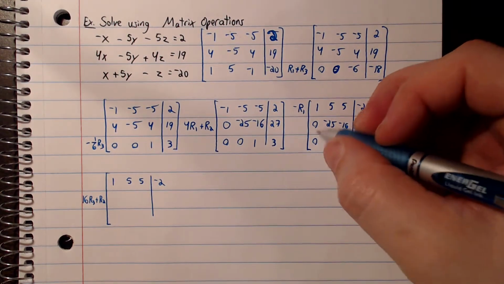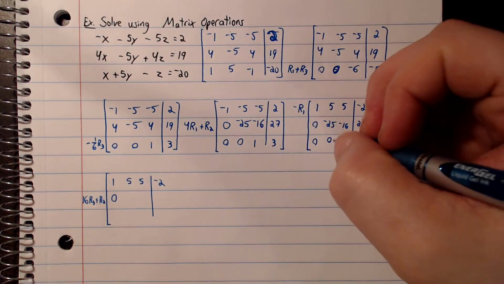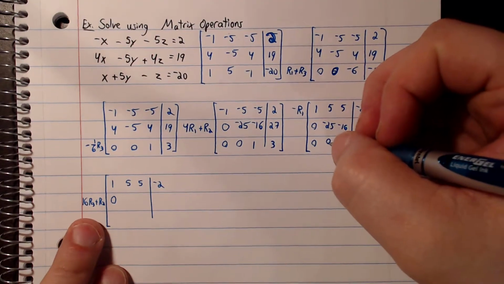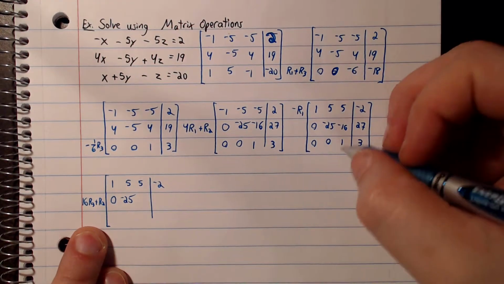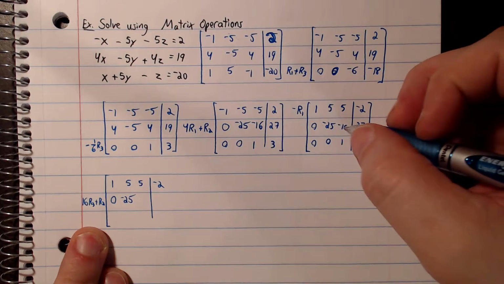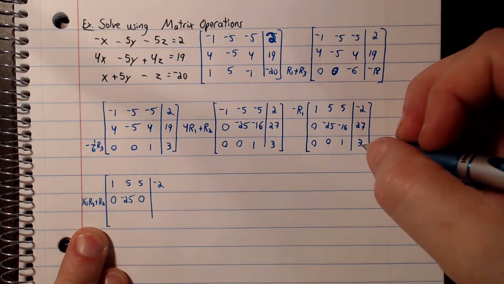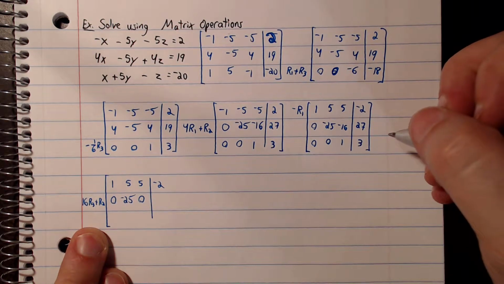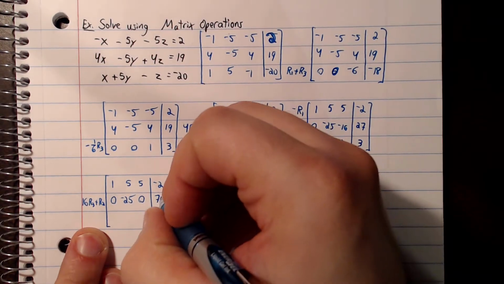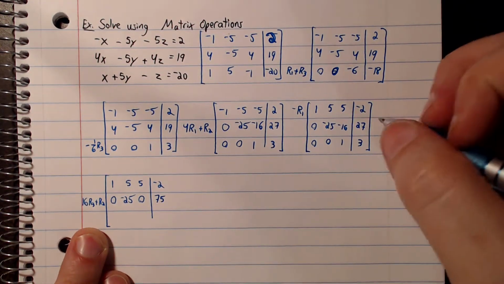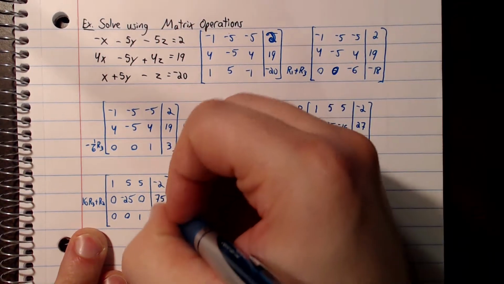Here, if I take 0, 16 gives me 0, plus 0 is 0. Again, 0 plus 16 times 16 is 0 plus negative 25. So those didn't change. 1 times 16 minus 16, that becomes 0. 3 times 16 is 48. Plus 27 is 75. And then we didn't use this stuff at all, or change this stuff, I should have said.